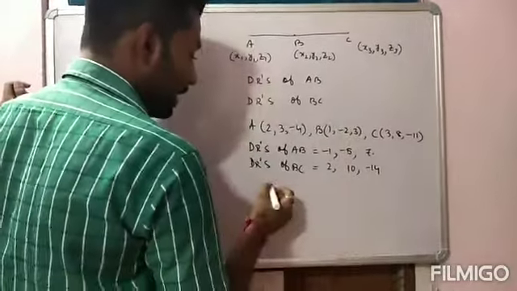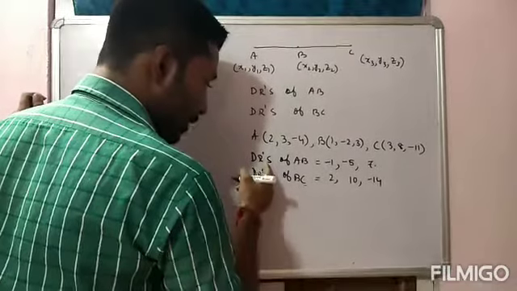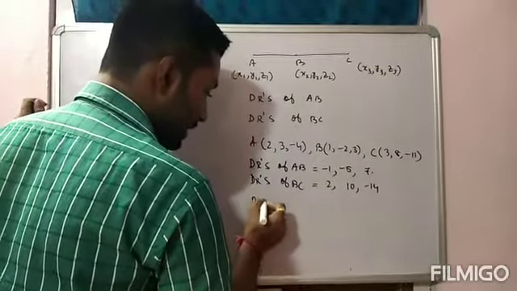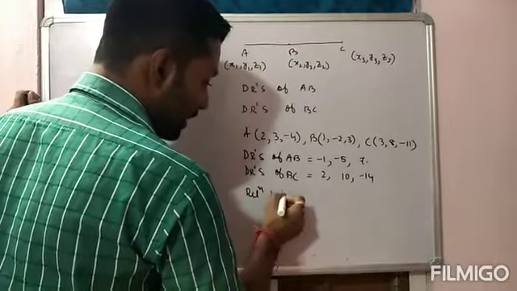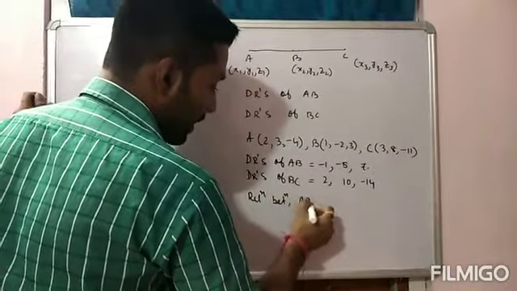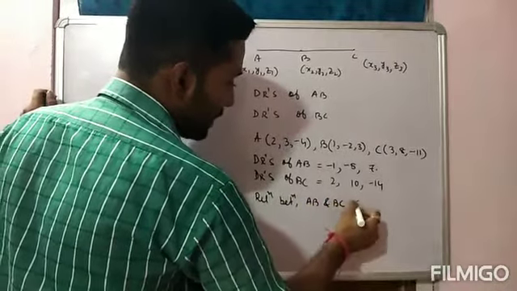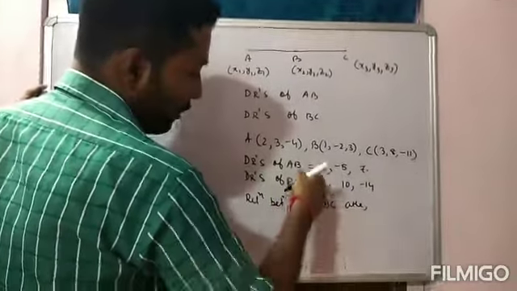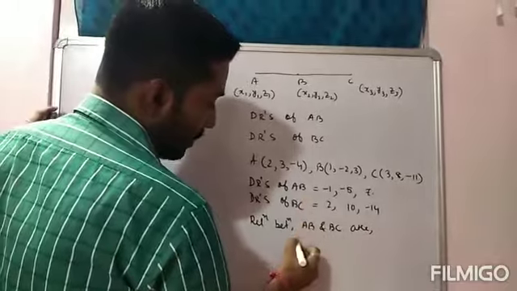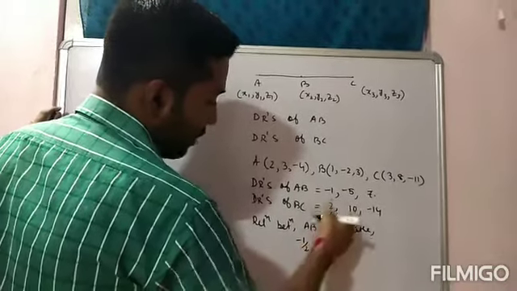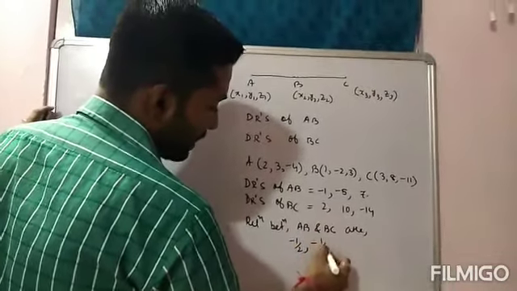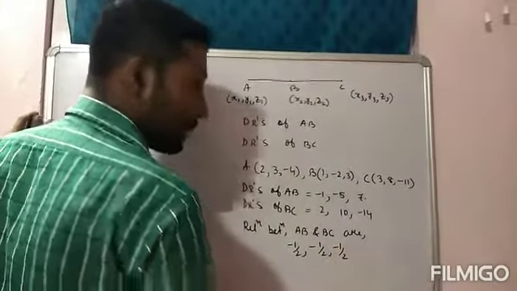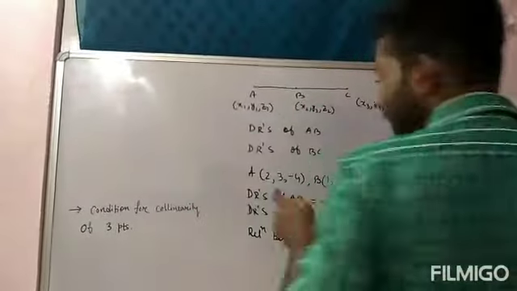What will we get by checking? You can check whether they are proportional or not. Minus 1 by 2, yes. Comma minus 1 by 2, yes. Comma minus 1 by 2. So what exactly do we have to check?